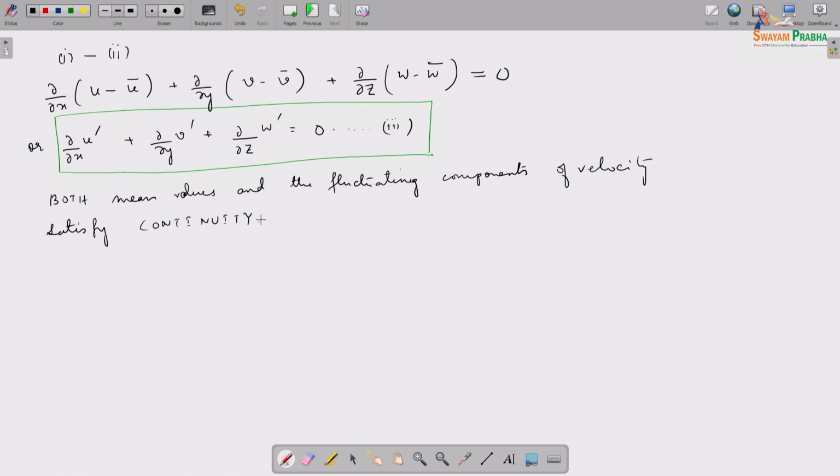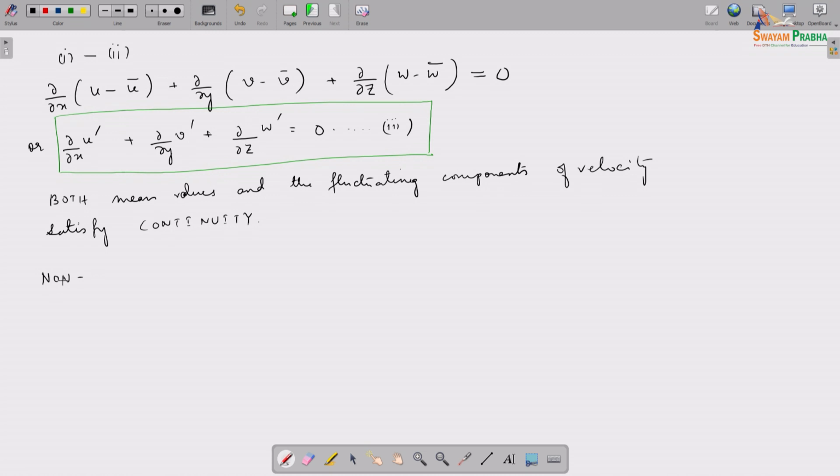Okay. So, now having said that, that's about continuity. Now the next thing is we are going to move on to the Navier-Stokes equation and see what sort of math will be involved in using a turbulent flow for its analysis, right. Okay.